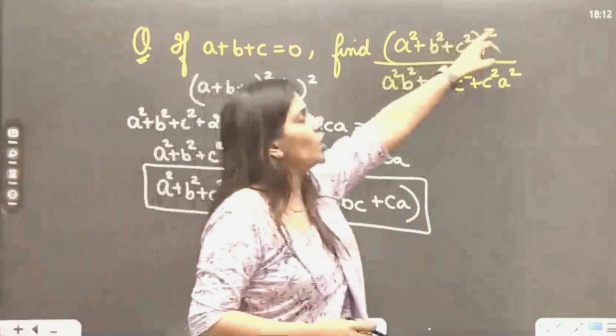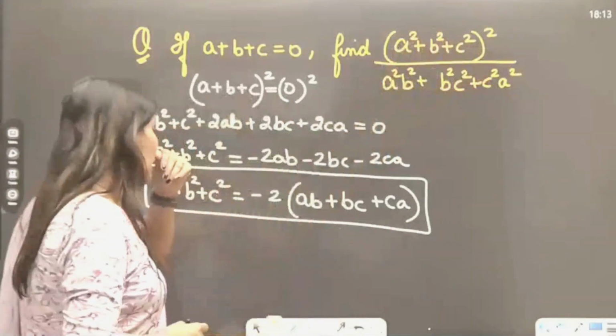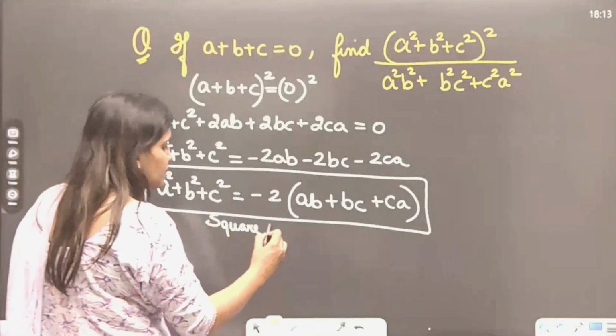But we want the square of that, as asked in the question. So we will square it again, both sides.